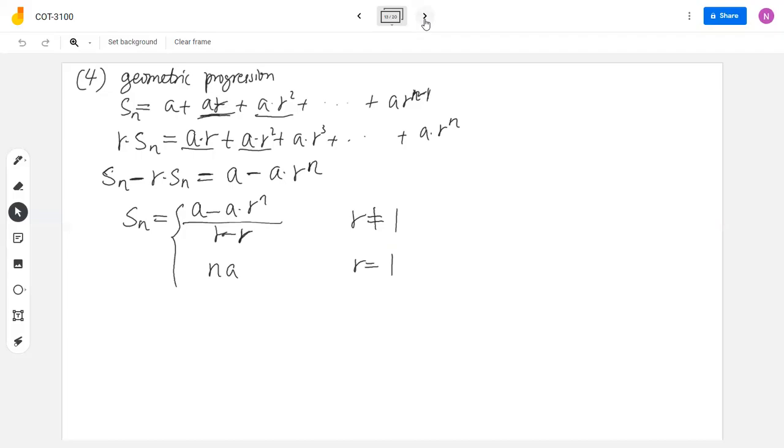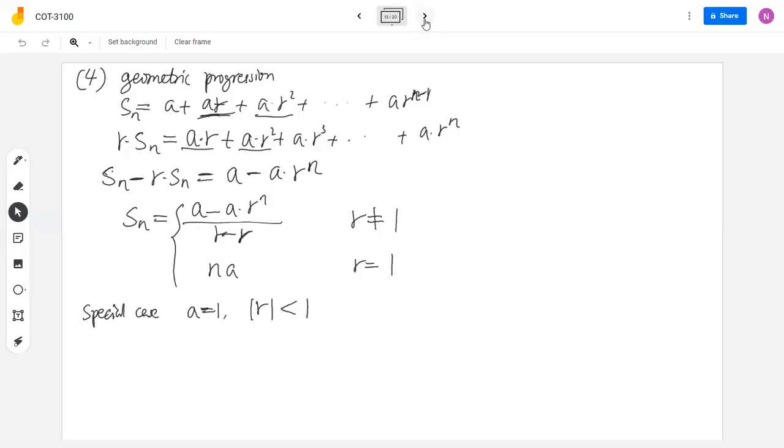The special case is a equals 1, that means the initial term is 1, and the absolute value of r is less than 1.